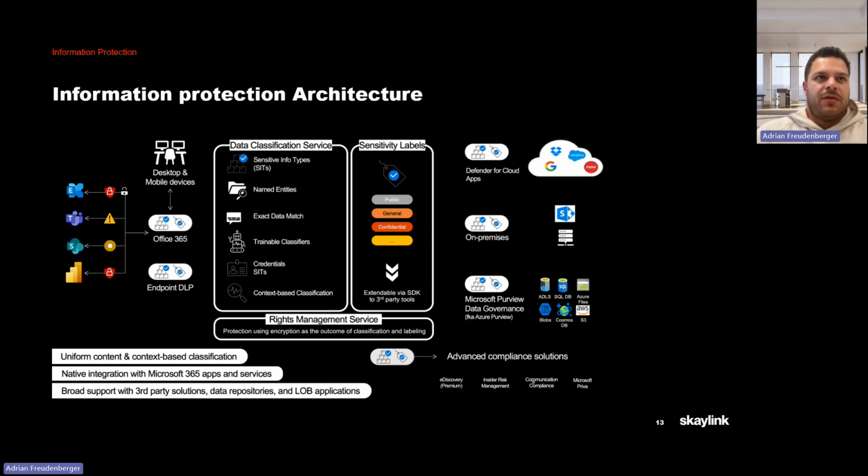Okay, then let's jump over to the data classification service. This is the service how we can classify the data. For example, we got here the sensitive information types, which could maybe be a password, an Azure AD account, a credit card.